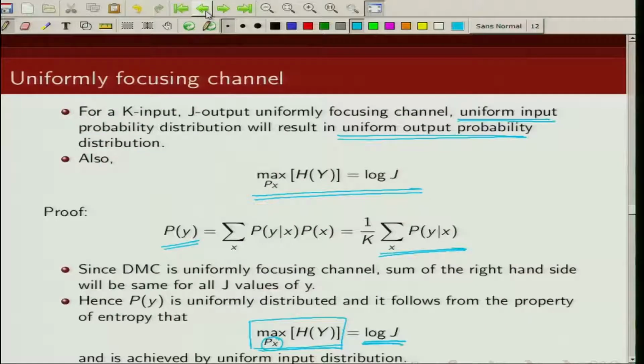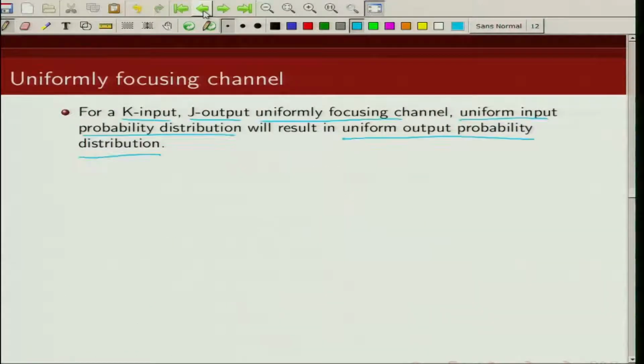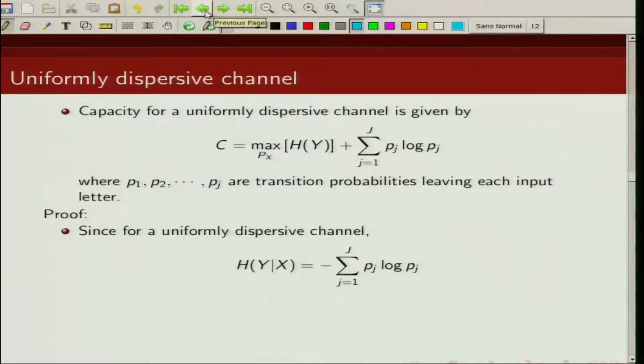The answer is yes. What was the capacity of a dispersive channel? The capacity of a dispersive channel is this: maximizing h of y over p of x. Now, for a uniformly focusing channel we know what this quantity is, and for a uniformly dispersive channel we know what this quantity is.